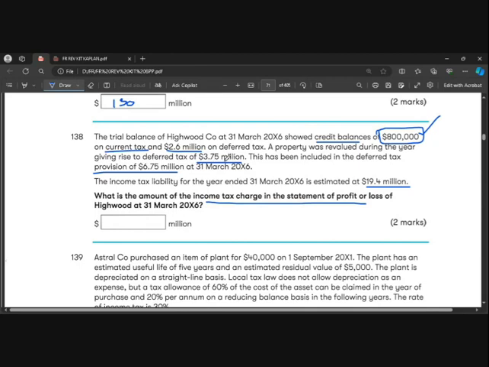So we should not include that, right? Out of the 6.75 million, we'll deduct 3.75. So we'll take how much as the closing balance? 3 million. So closing minus opening, 3 minus 2.6. How much will you get? 0.4 million movement. It's a positive amount, so we'll add it.